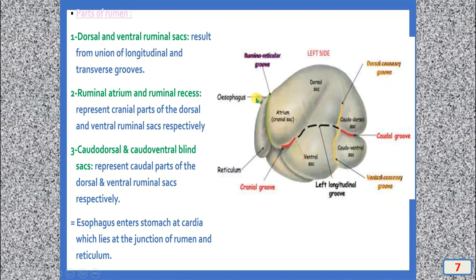The esophagus enters here, and the front organ, which is very close to the diaphragm, is called the reticulum, and some of the cranial grooves are also going here, and the caudal groove is lying here, and this represents the caudal parts of the dorsal and ventral ruminal sacs, whereas the esophagus enters the stomach at the cardia, which lies at the junction of the rumen and reticulum.